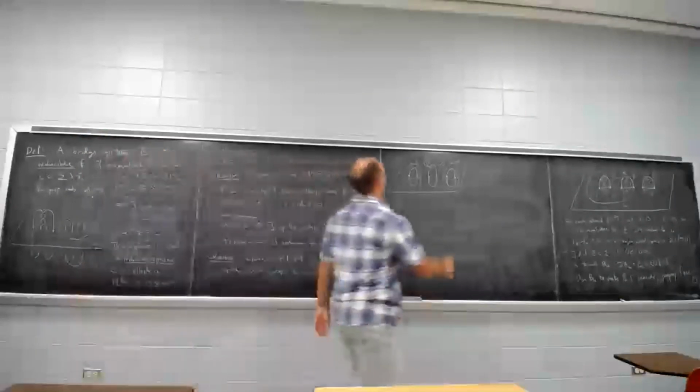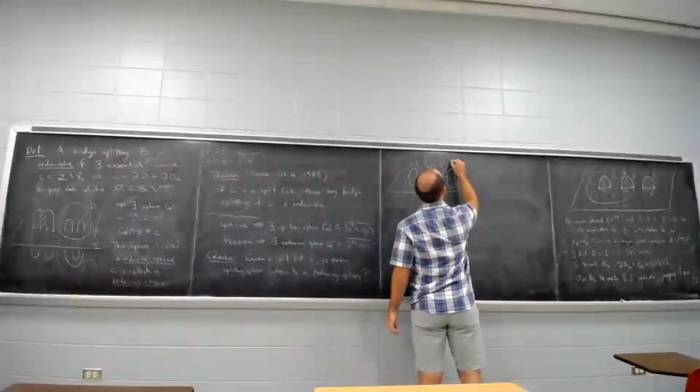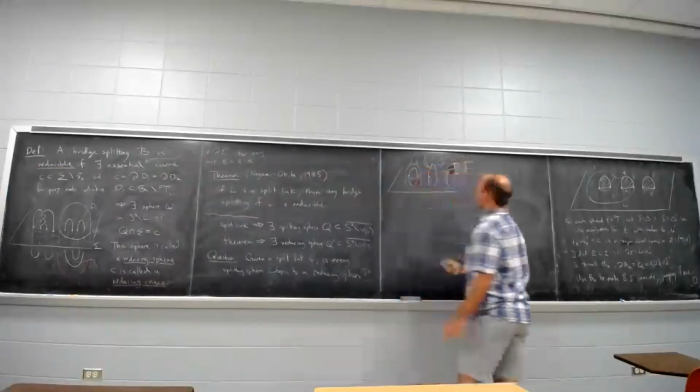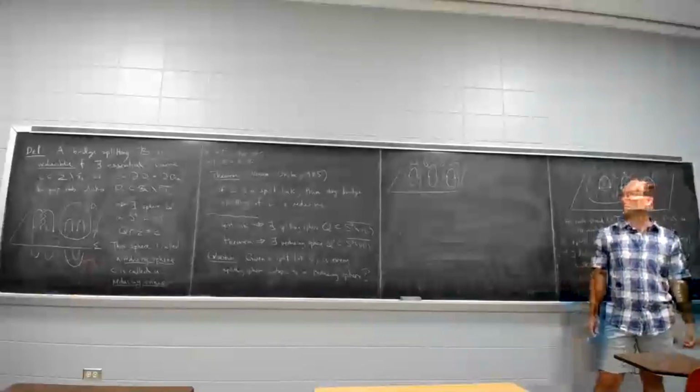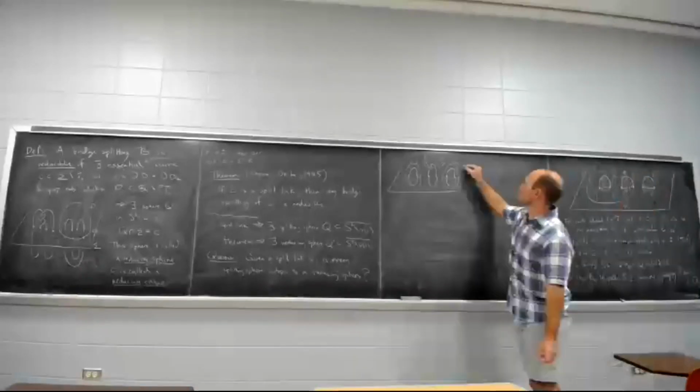But what they would do in this case is they cut this thing open into two spheres, and they're actually both reducing spheres because they found this guy, for example, here.